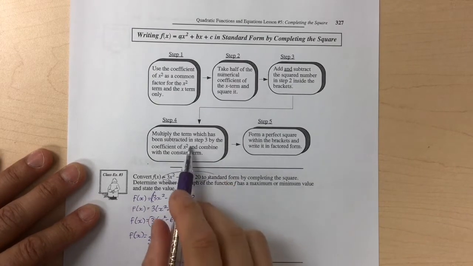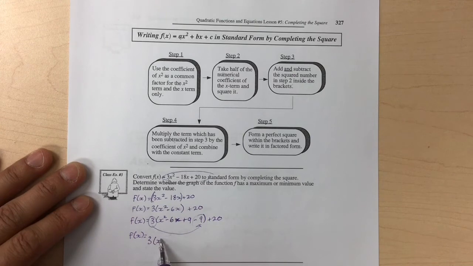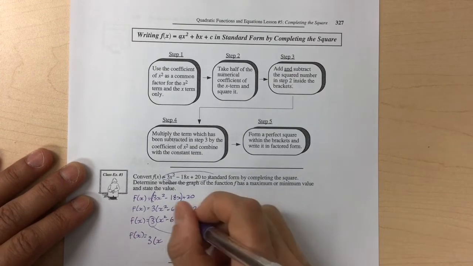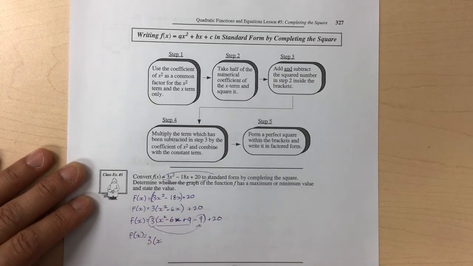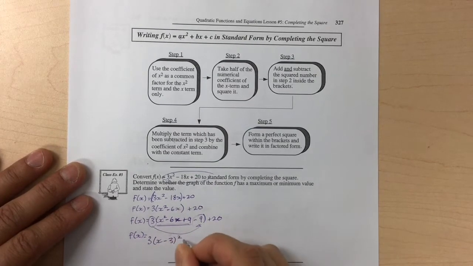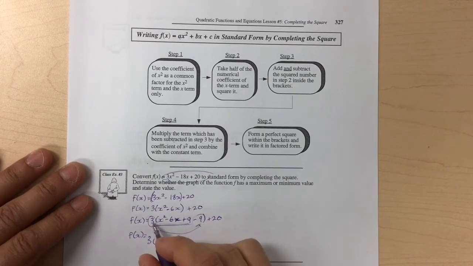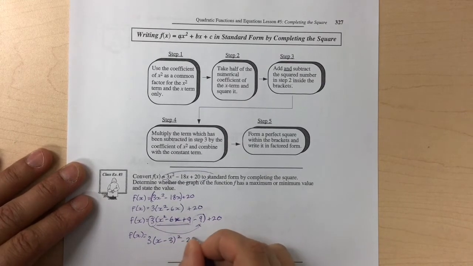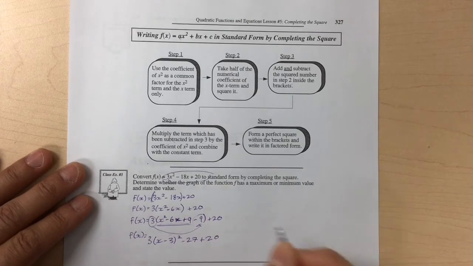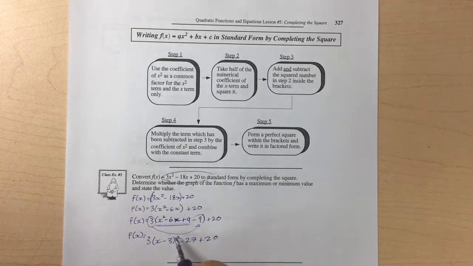Oh, and another thing I need to do is I want to place this part in factored form. So this part in factored form would be x minus 3 squared, and then this 9 times this coefficient is going to be negative 27 plus 20. And then I simplify.